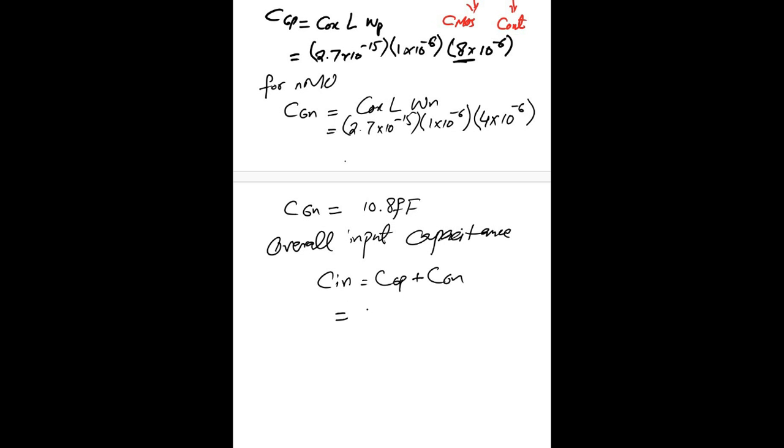So these values turn out to be 21.6 femtofarad plus 10.8 femtofarad. So the total Cin capacitance is 32.4 femtofarad.